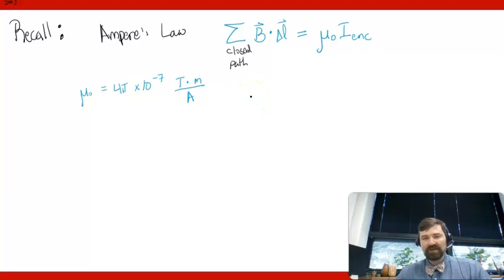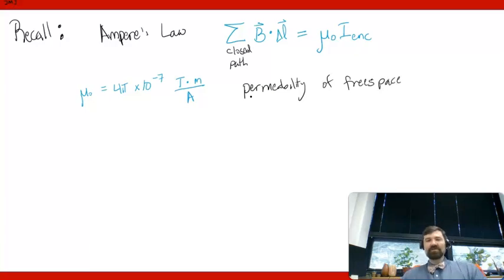And of course mu naught is the fundamental constant permeability of free space, and so it has a value of 4 pi times 10 to the negative 7 Tesla meter per amp. So that is again a fundamental constant of the universe. The rest of these, you know the magnetic field, you know the current, you know the delta L.